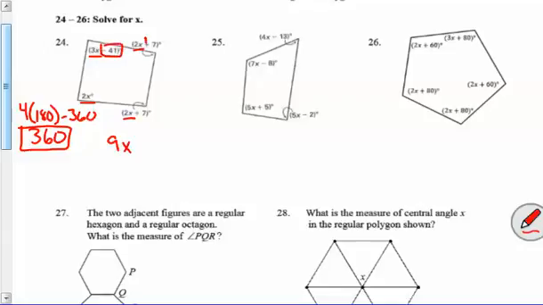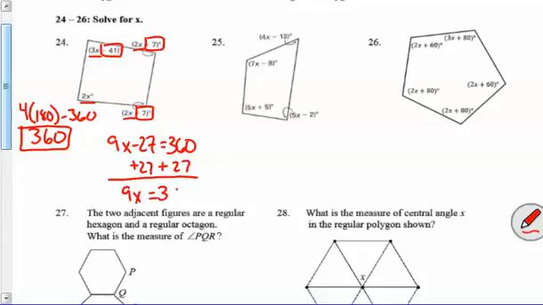Negative 41 plus 7 plus 7 would equal negative 27. And that would have to equal 360. So from there you could solve for x. If I divide that by 9, I get x equals 43.